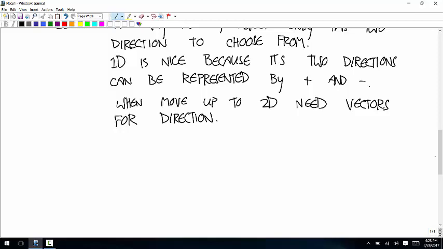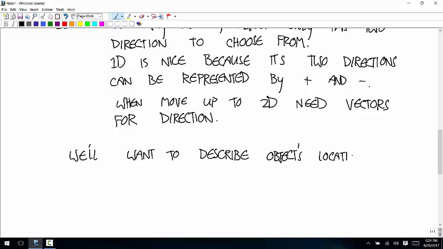In order to put numbers to a particle as it moves around, what we'll mainly want to do is describe the object's location numerically in relation to time.